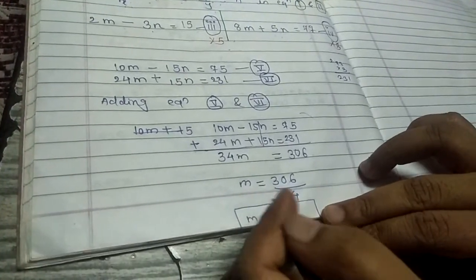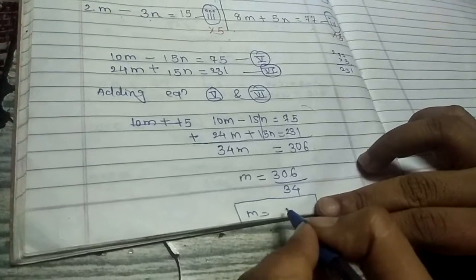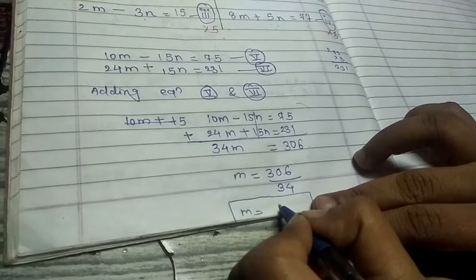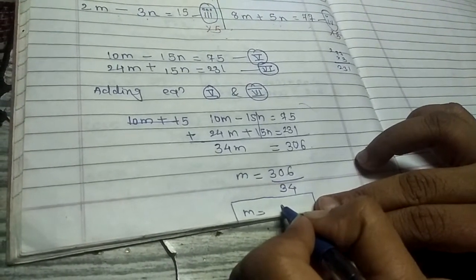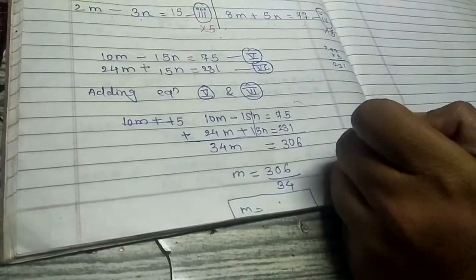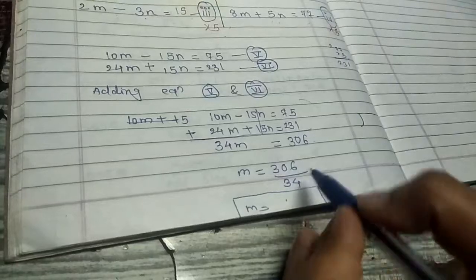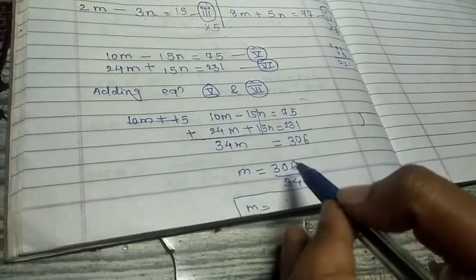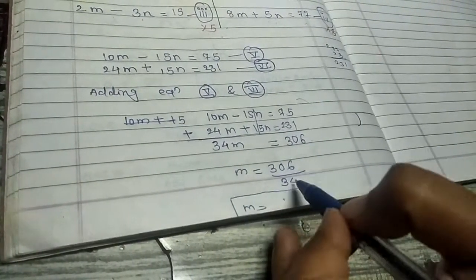Rough calculation on the back side. You can also do it by using the reduced form, or directly by using 34 divided by 306.